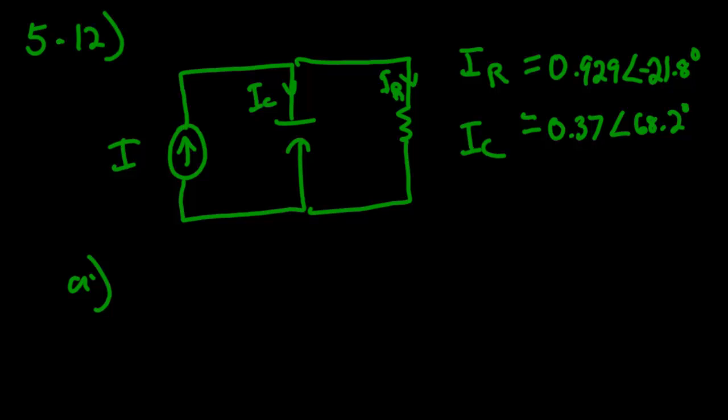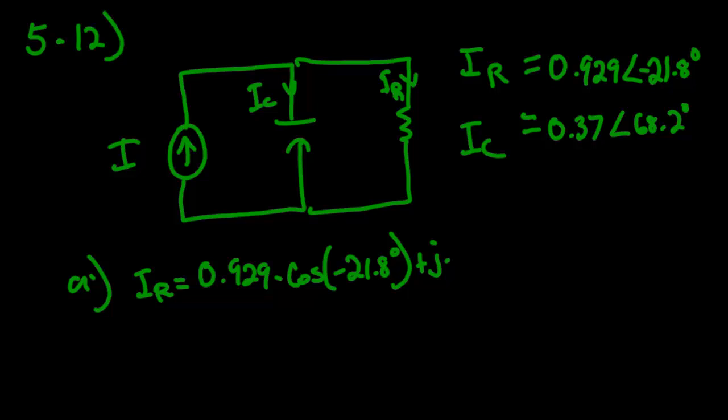We know how to do that: our magnitude times the cosine of the angle. So IR is equal to 0.929 times the cosine of minus 21.8, plus J times 0.929 times the sine of negative 21.8.